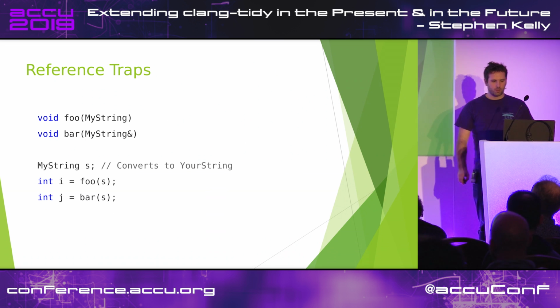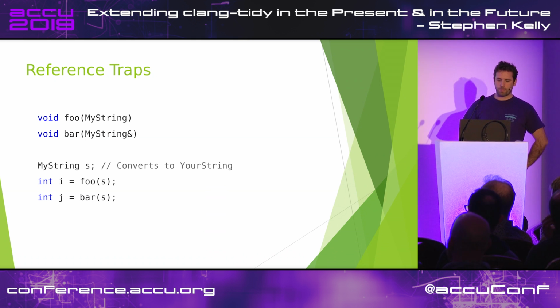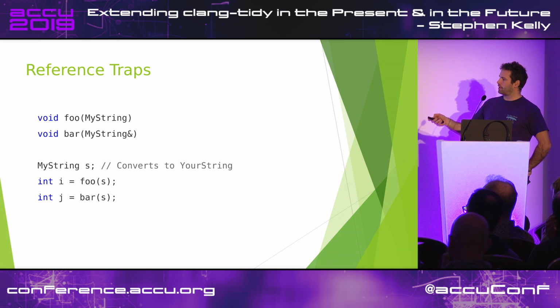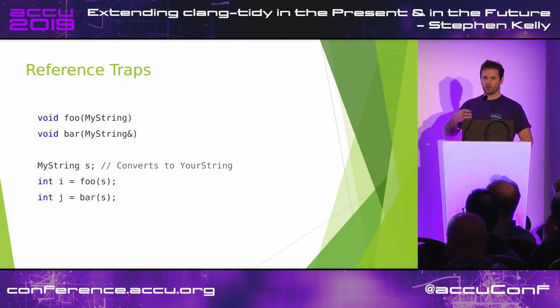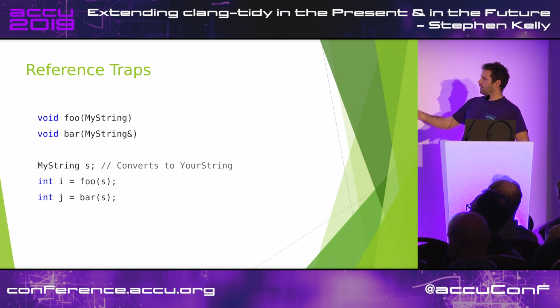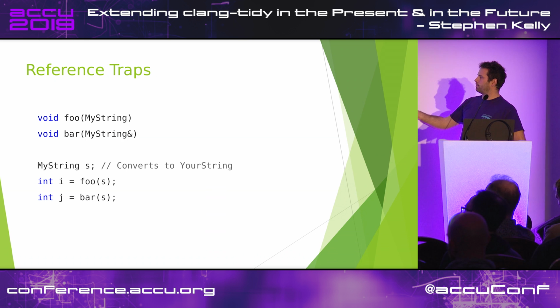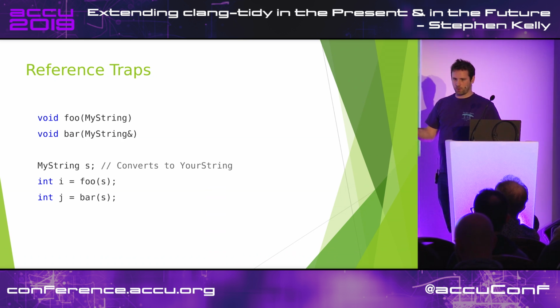But there's still a bunch of traps that you encounter. In this case, I needed to port different kinds of parameters in multiple steps. So here I have my string s, and I call foo and bar with that s. And today that's fine. But I want to port to your string class because your string is better than mine.